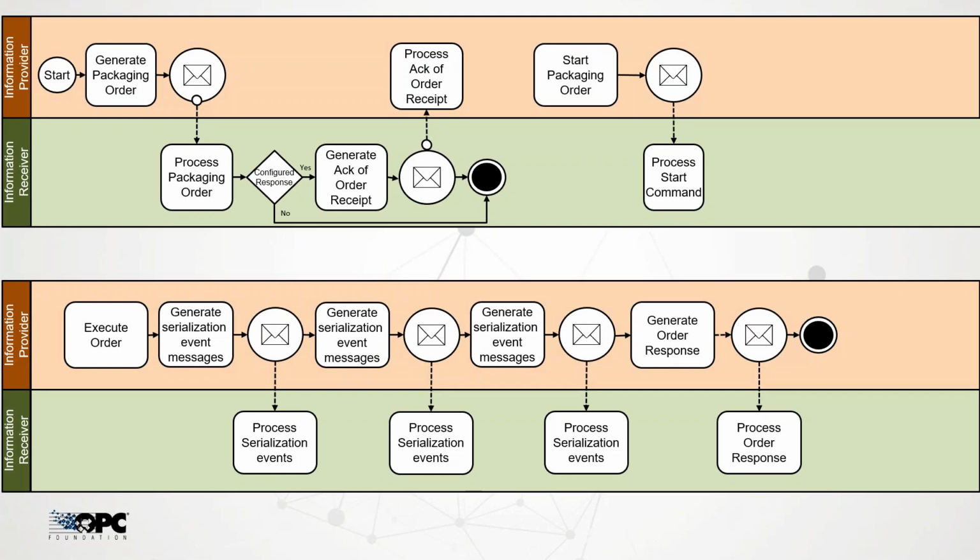So here, for example, we generate a packaging order. That order is processed. Maybe I have to respond back and say, yes, the order was acknowledged, I received it, but I haven't started it yet. So then I start the order. Then likewise, the information provider may need to generate serialization events.